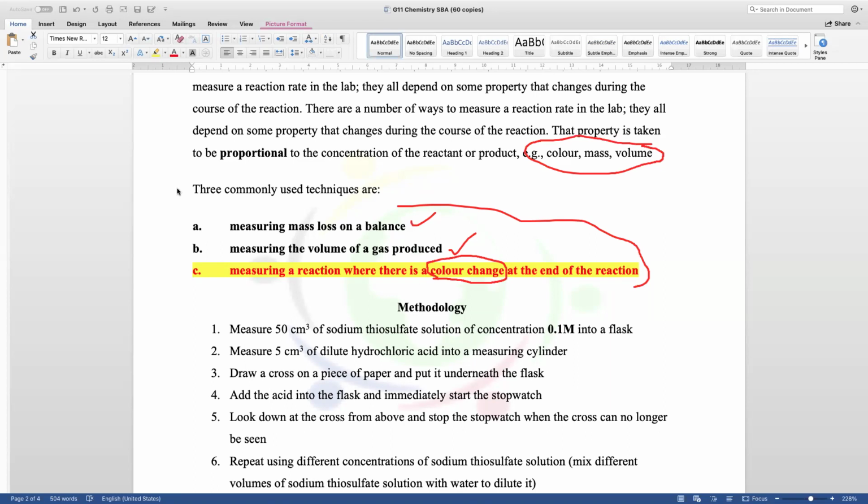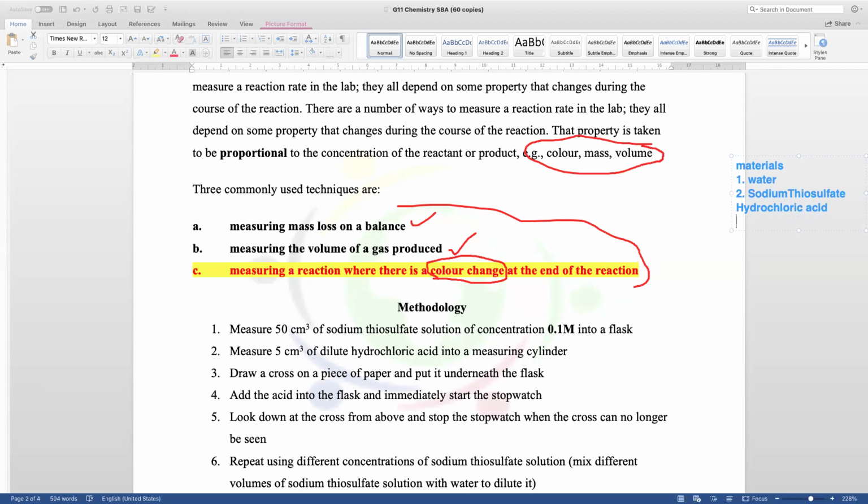So, the things that you need as materials. One, you need distilled water. Two, you need sodium thiosulfate. Three, you need dilute hydrochloric acid.